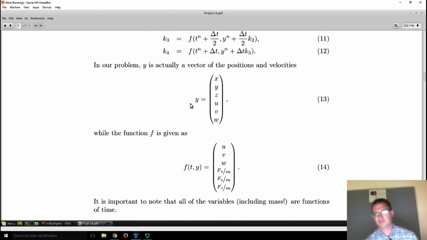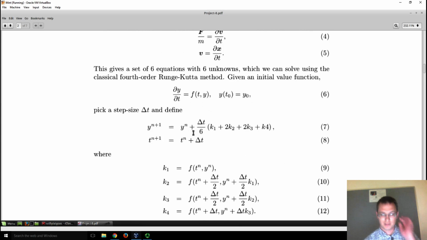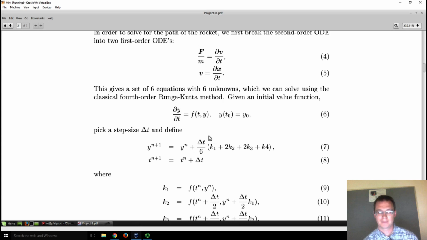And so in this case, since we have 6 equations with 6 unknowns, our y is actually the position, x, y, z, and the velocities, u, v, and w. The function f is just what's on the left-hand side, right here.